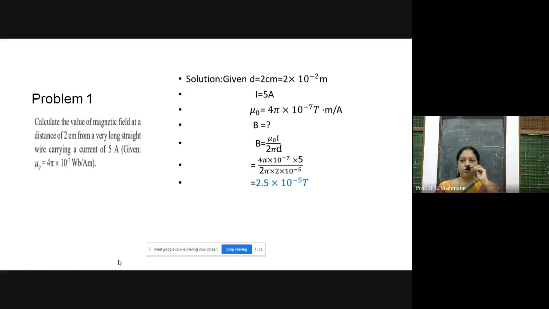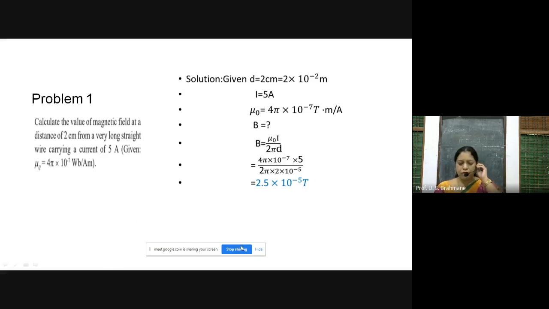One is for the straight conductor, that is dB is equal to Idl sin theta upon r cube. Secondly, we saw the Biot-Savart law applied to a current loop at the center, and thirdly, for the current loop along the axis.